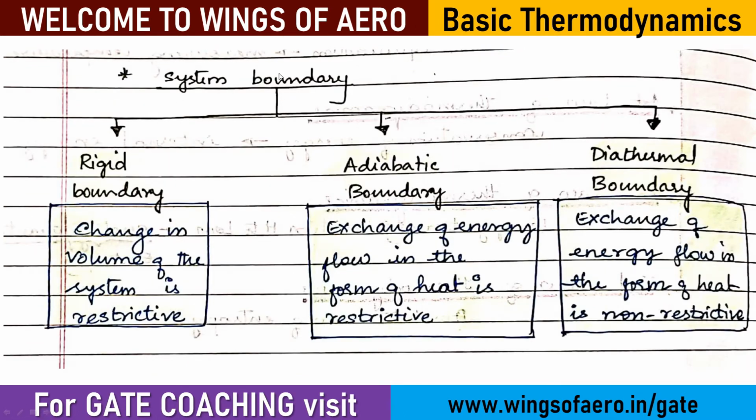The system boundary is of three types: the first is the rigid boundary, the second is the adiabatic boundary, and the third is the diathermal boundary. Now, what kind of questions can be asked? One type is assertion and reason. The second is definition based.